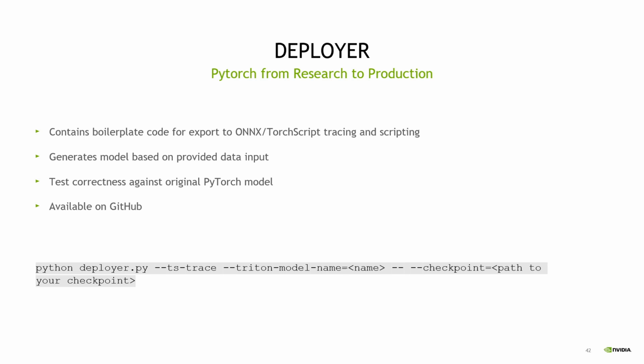It's available on GitHub, and as you can see over here, we have an example line to export a model using TorchScript trace, and it's pretty simple. What you have to provide to the deployer is the data loader and some modification to the model.